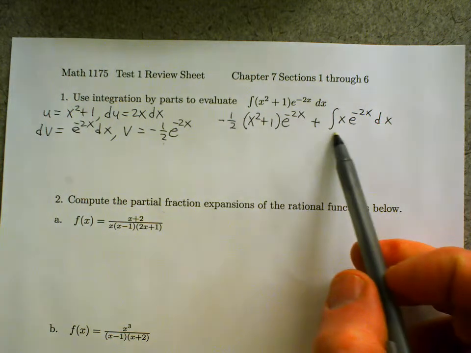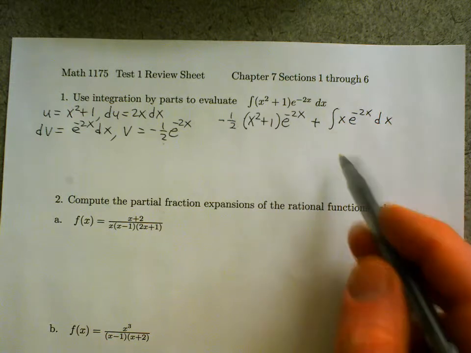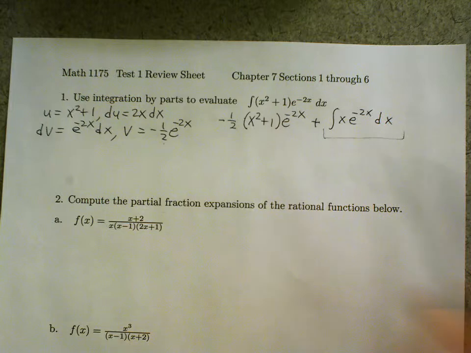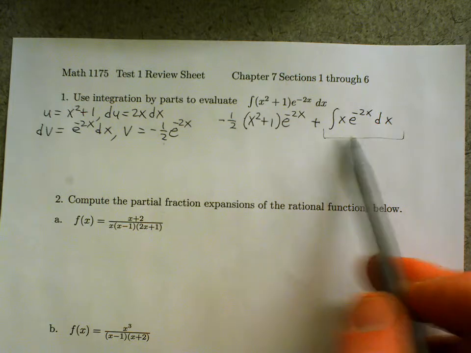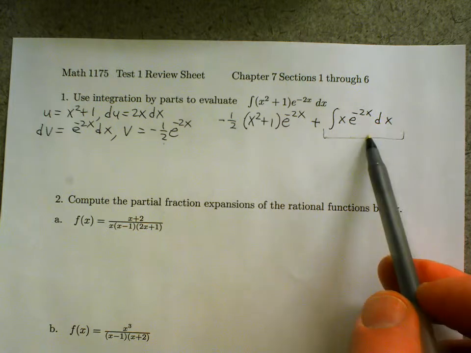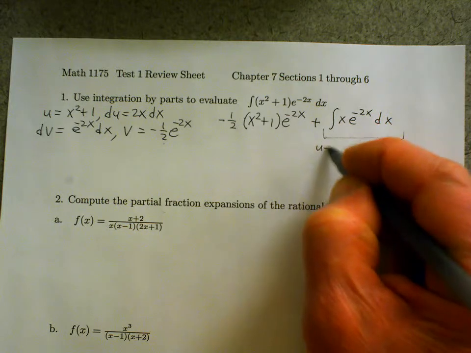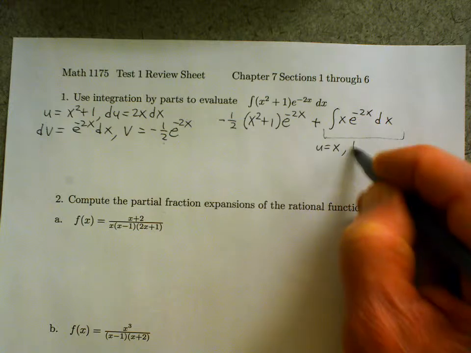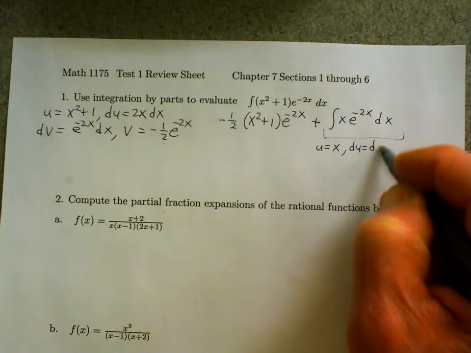Then we have to use integration by parts a second time. So let's get started on this one. Integration by parts on this one, let u be equal to x this time. So du is equal to dx.